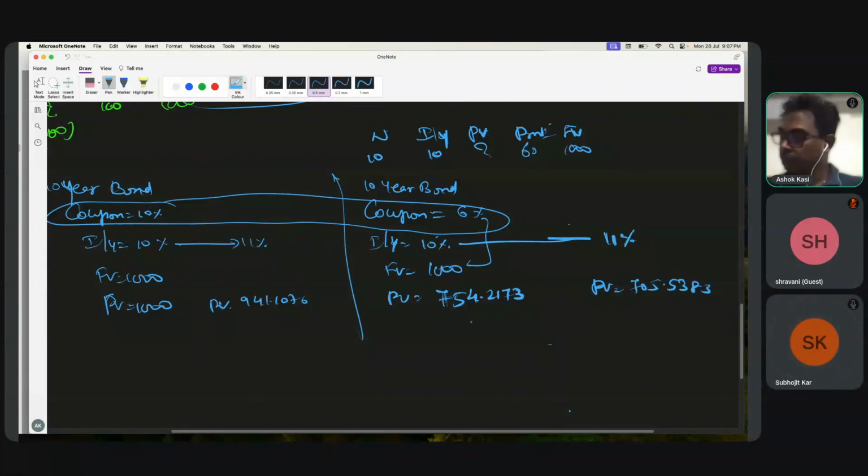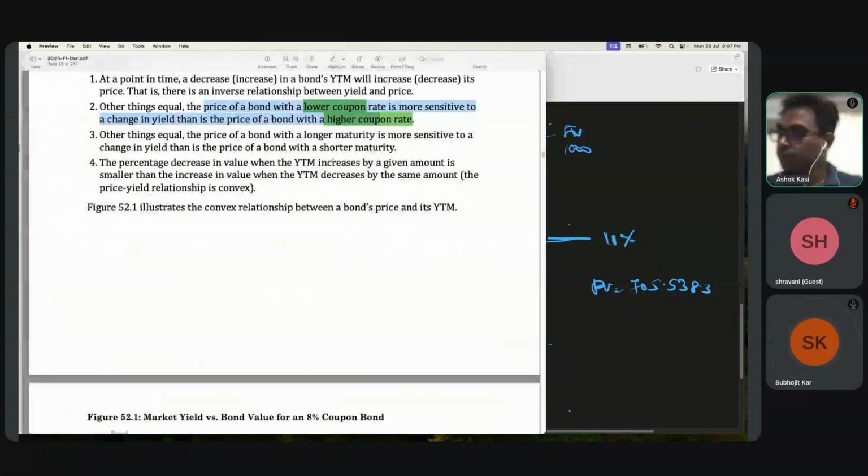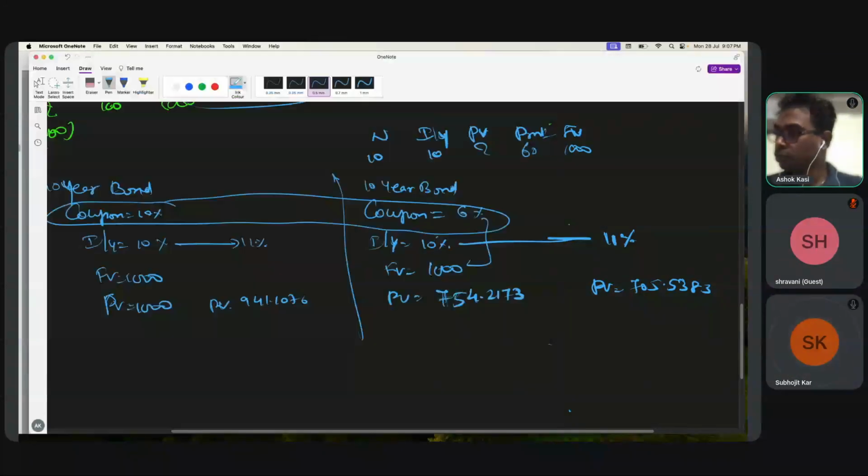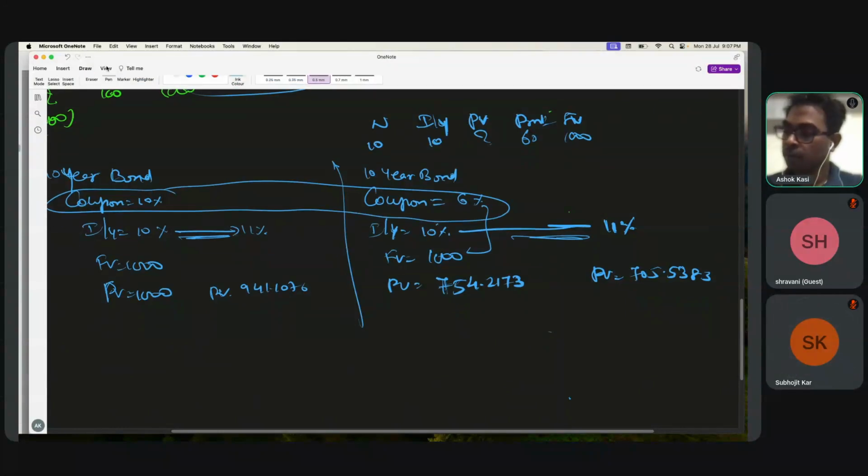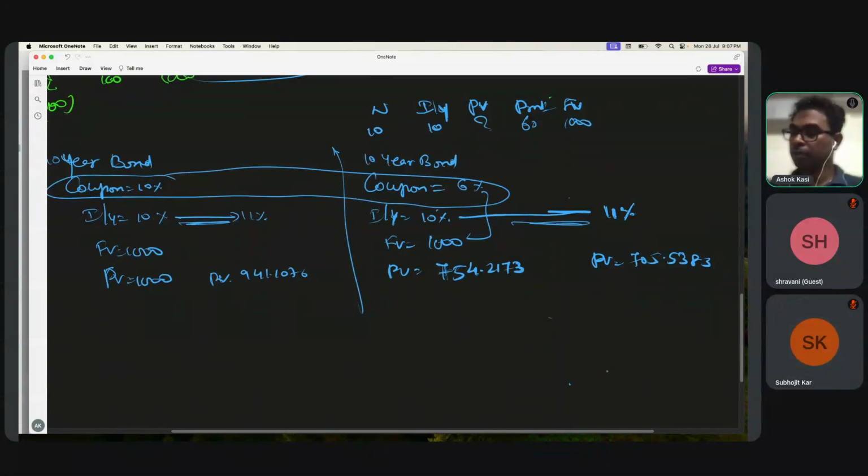Okay. So now we have to see which bond is more sensitive. See, on both sides interest went up by 1%. So which side is more sensitive? See, now here initially it was 1000. It reached 941. So what is the difference? Let's say 59.